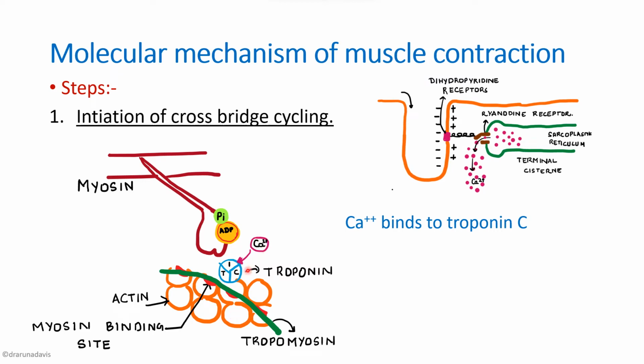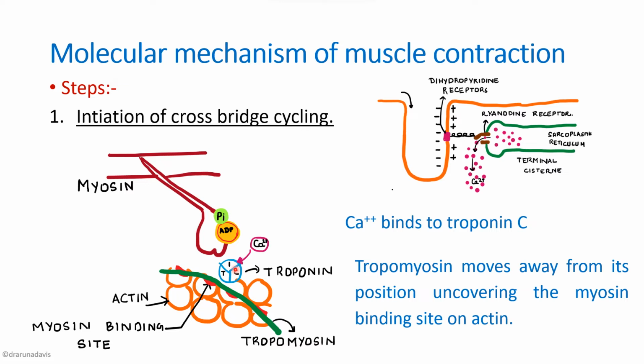When calcium binds onto troponin C, there will be a conformational change in the tropomyosin, and it will move away, uncovering all the myosin binding sites. So that is the initiation of this cross bridge cycling.